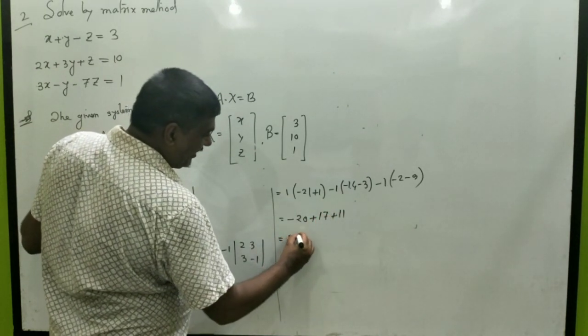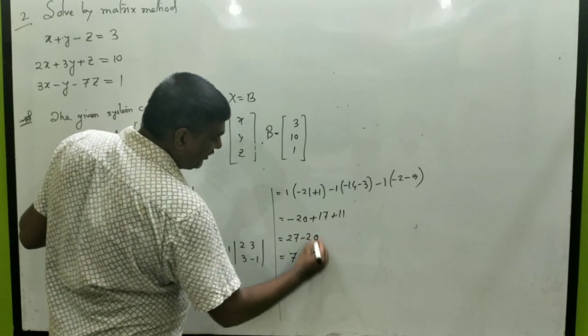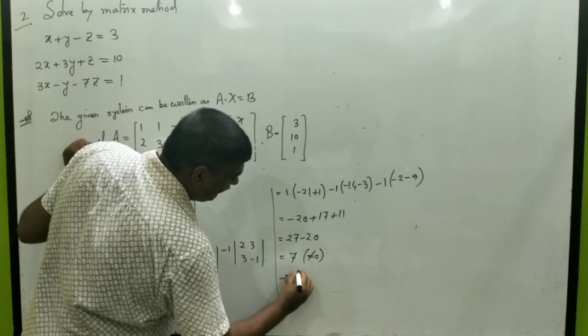So we get 27 minus 20, that is 7, that is not equals to 0. So the system is what?